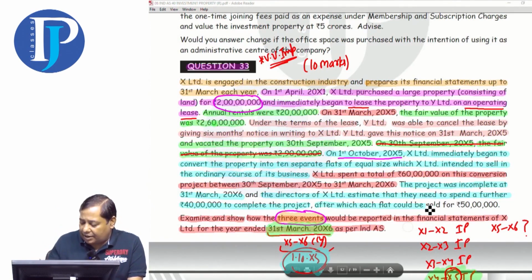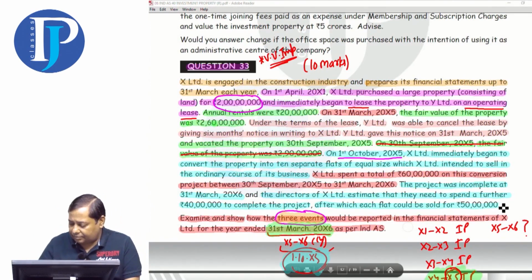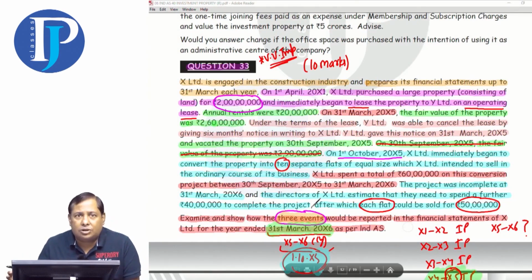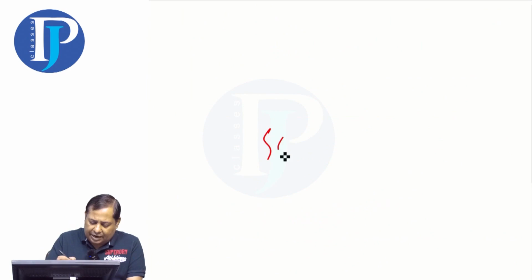And after that, its market value will be 50 lakhs for each flat. And we are building 10 flats. If one flat costs 50 lakhs, then 10 flats will cost 5 crores. So the selling price is 5 crore.